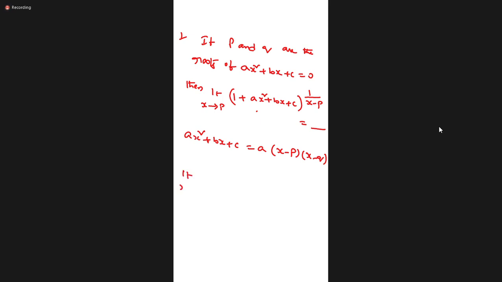So directly what I do, power bring down, g of x into f of x minus 1. So limit x tends to p, 1 by (x minus p) into (ax square plus bx plus c).